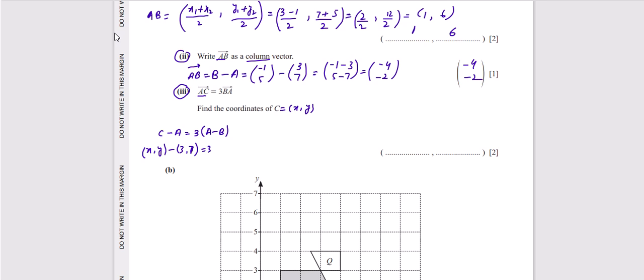Is equal to 3 times (the coordinate of A is 3 and 7 minus the coordinate of B, -1 and 5).